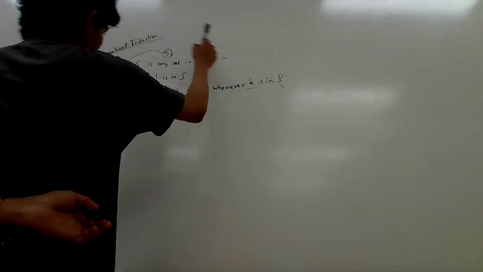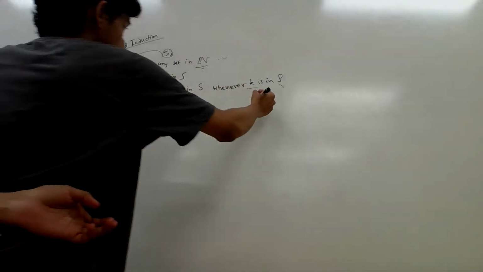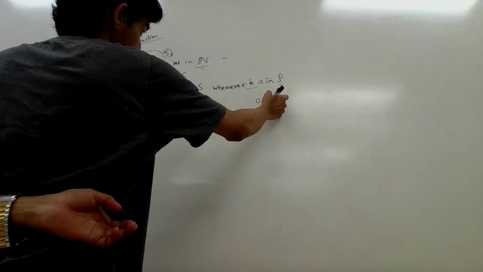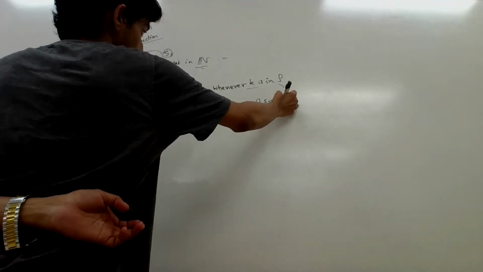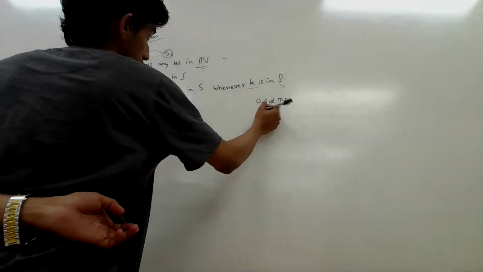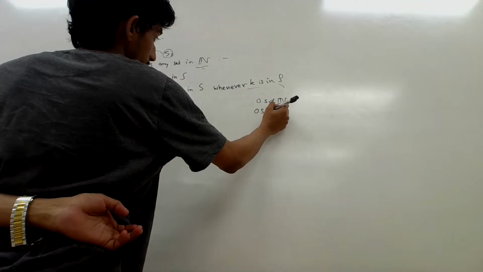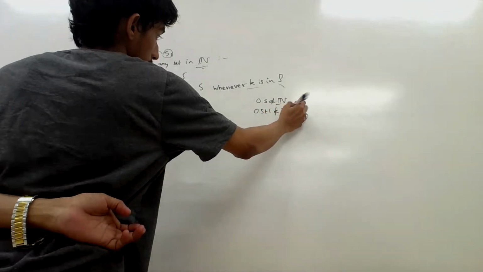Which is generally the case. You cannot take a number like 0.5 because 0.5 does not belong in natural numbers. So 1 plus 0.5 does not belong to natural numbers.